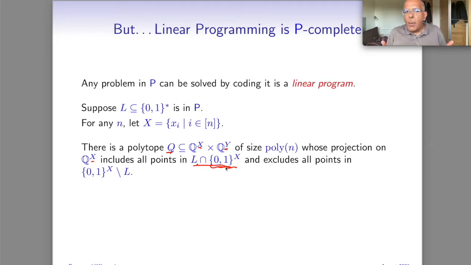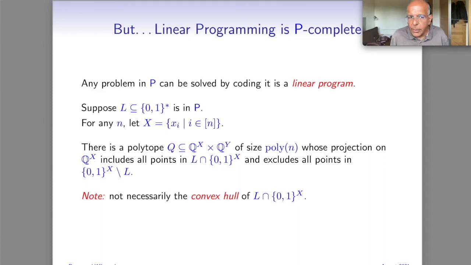But we can say that a polytope decides the language if its projection is not necessarily the convex hull, but it includes all the 0, 1 points which are in the language and excludes all 0, 1 points that are not in the language. It's just that the vertices of the polytope, the corners, might not be integer points at all. Okay, so Qx is not necessarily the convex hull. It is just some polytope which includes all these and includes no other 0, 1 points.